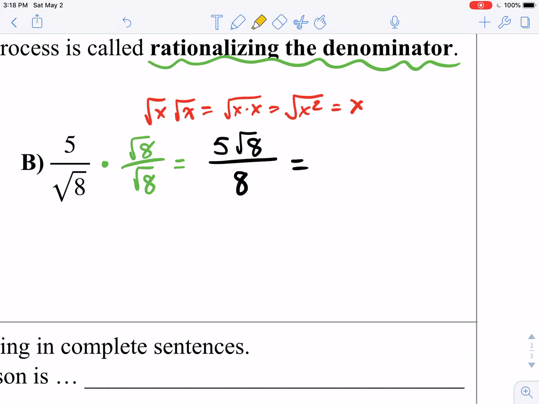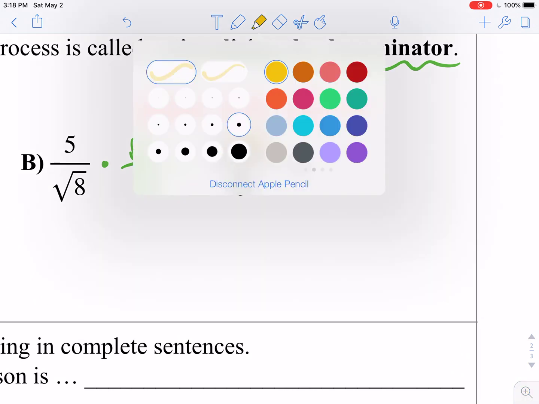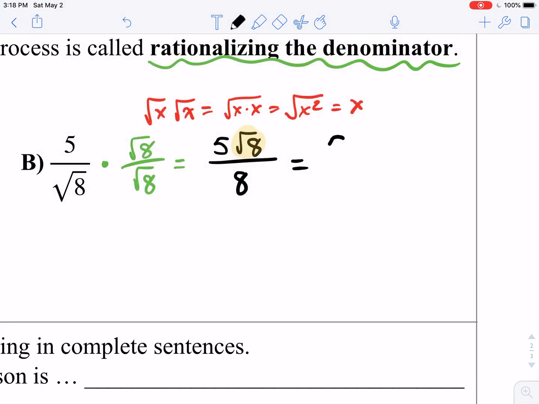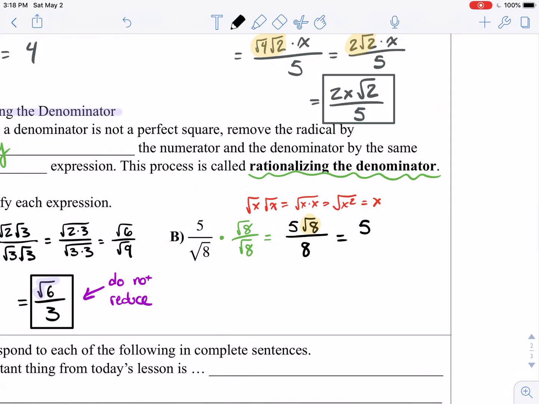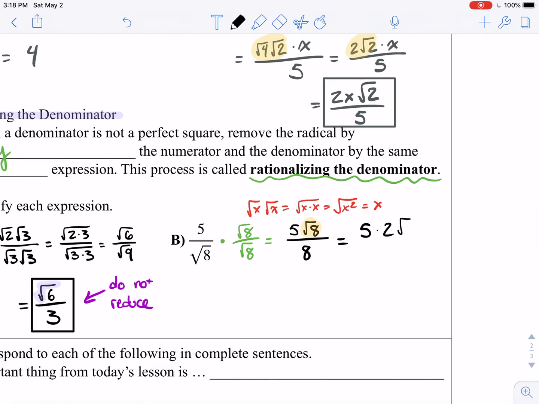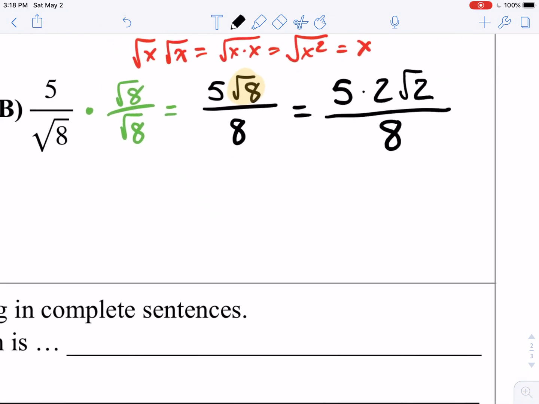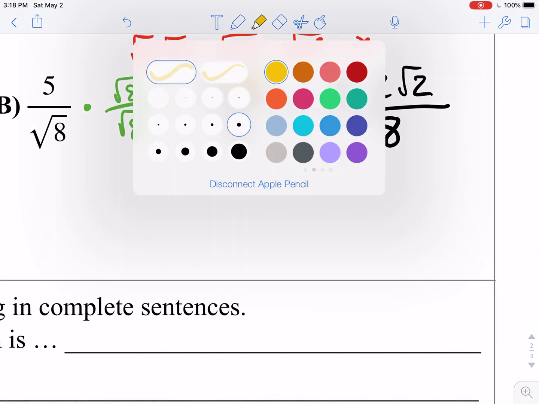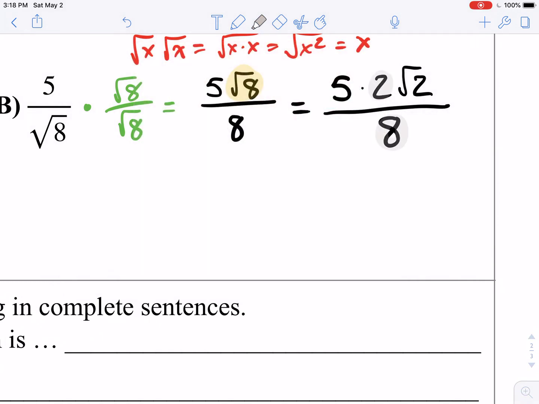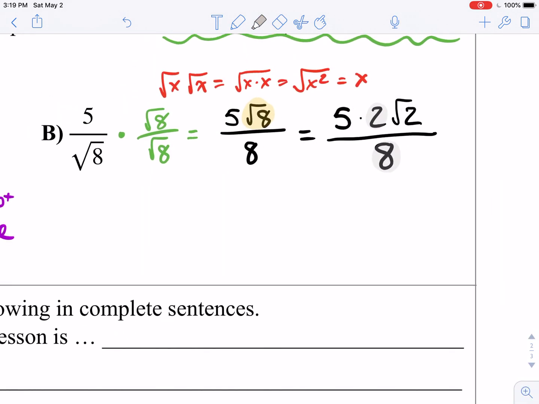So let's simplify that real quick. We can rewrite that as 5 times 2 times the square root of 2 all over 8. And we're almost done. You see this 2 and this 8 right here? We can reduce that. So let's reduce a 2 out of there.